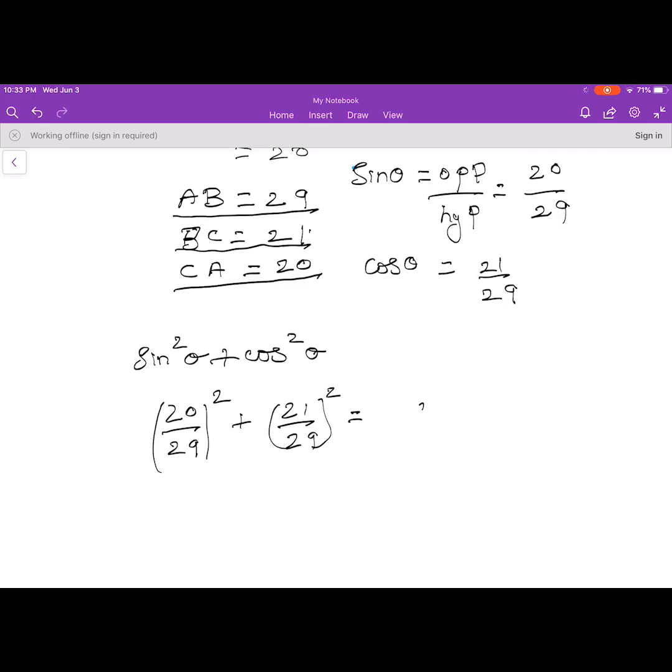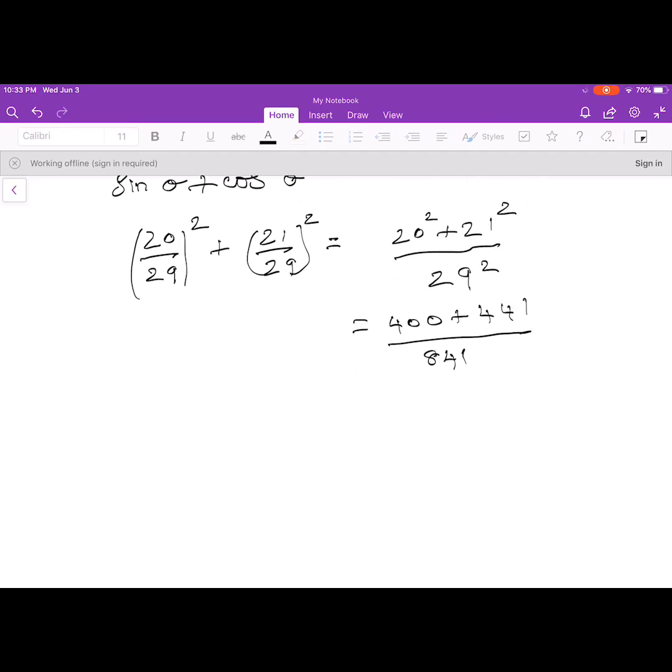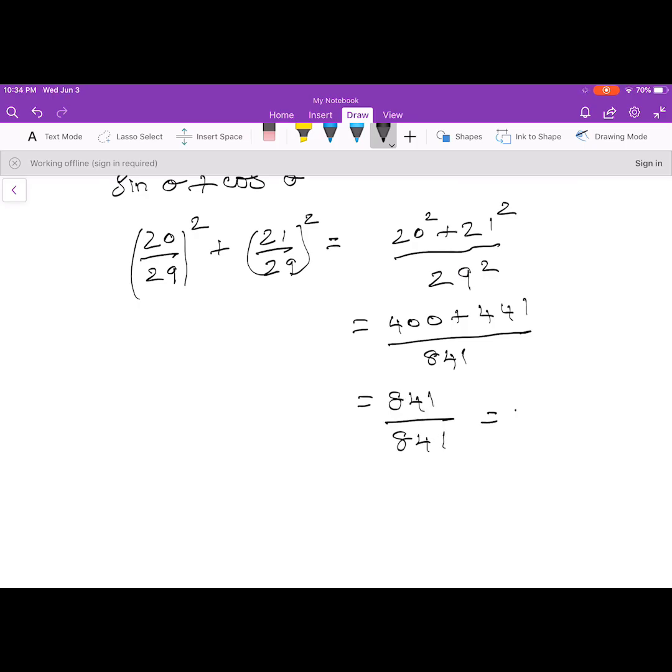That will be equal to (20 square plus 21 square) by 29 square. 20 square is 400, 21 square is 441, and 29 square is 841. So that is equal to 841 divided by 841, which is 1. So I got sin square theta plus cos square theta as 1.